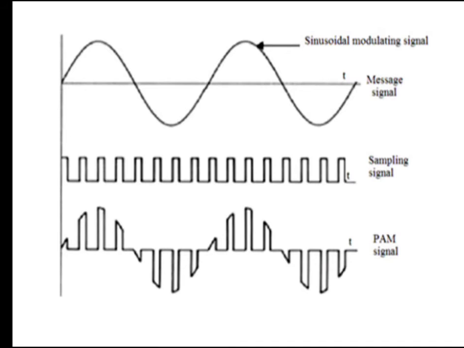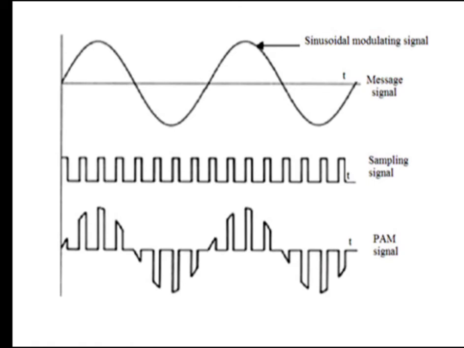And this is the diagram. You can see the pulse amplitude modulation. From the diagram, it is very clear that the first one is the sinusoidal modulating signal, which is the message signal, the second one is the sampling signal, which is a pulse train, and the third one is the pulse amplitude modulated signal.